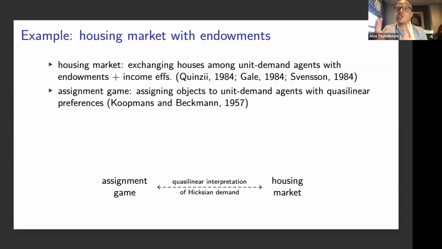What I want to show you is a general method of mapping an economy with income effects to an economy without income effects, and by knowing about equilibrium in the economy without income effects, concluding that there is an equilibrium in the economy with income effects. Okay, that's the plan. Any questions so far?